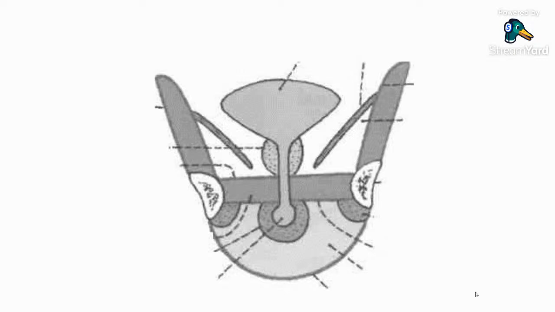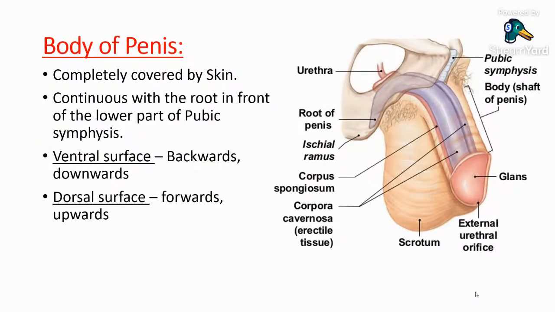See carefully, the body of the penis is completely covered by skin and is continuous with the root in front of the lower part of the pubic symphysis. You know the pubic symphysis: it is the joint between the symphysial surfaces of the two pubic bones at the median line of our body.